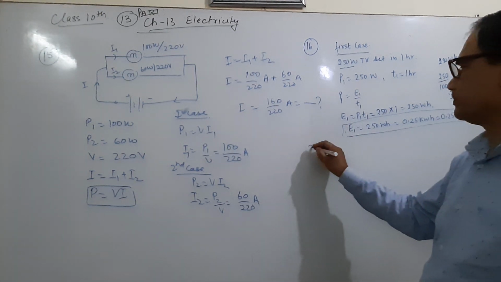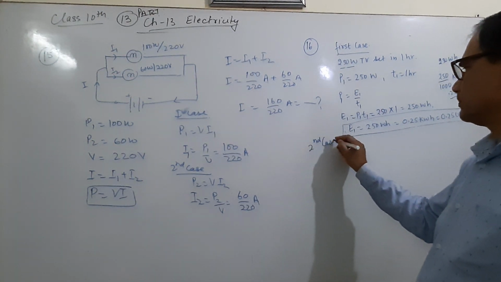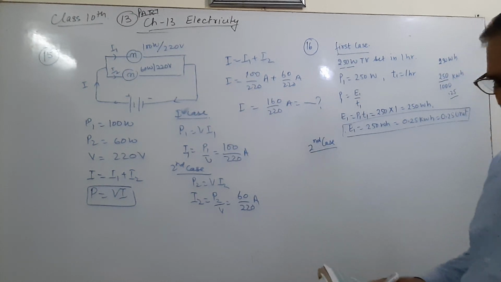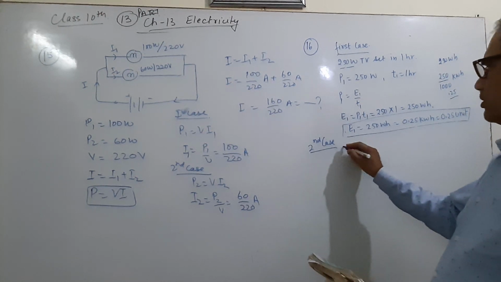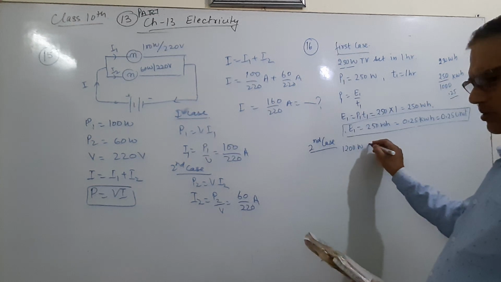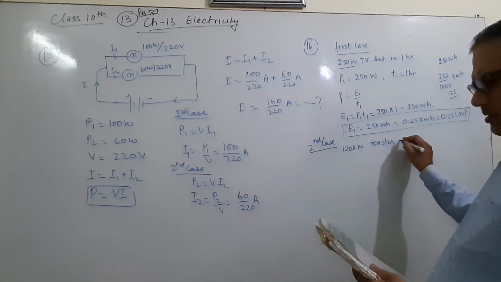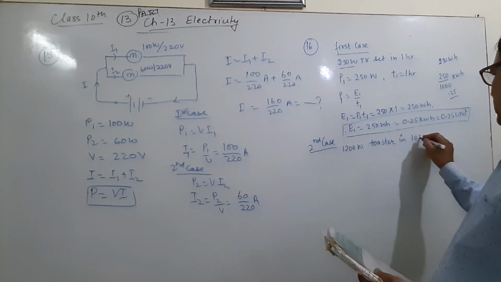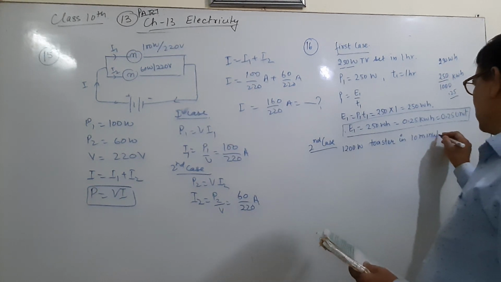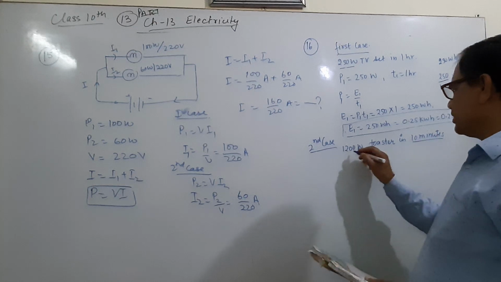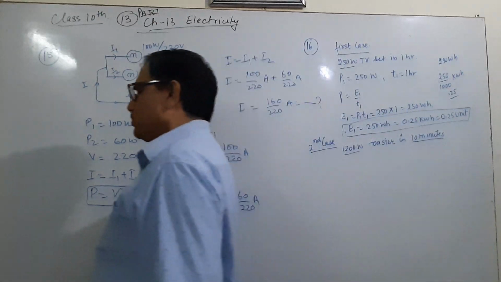Second case, 1200 watt toaster in 10 minutes. It means this is the time and this is the rated power of the toaster.